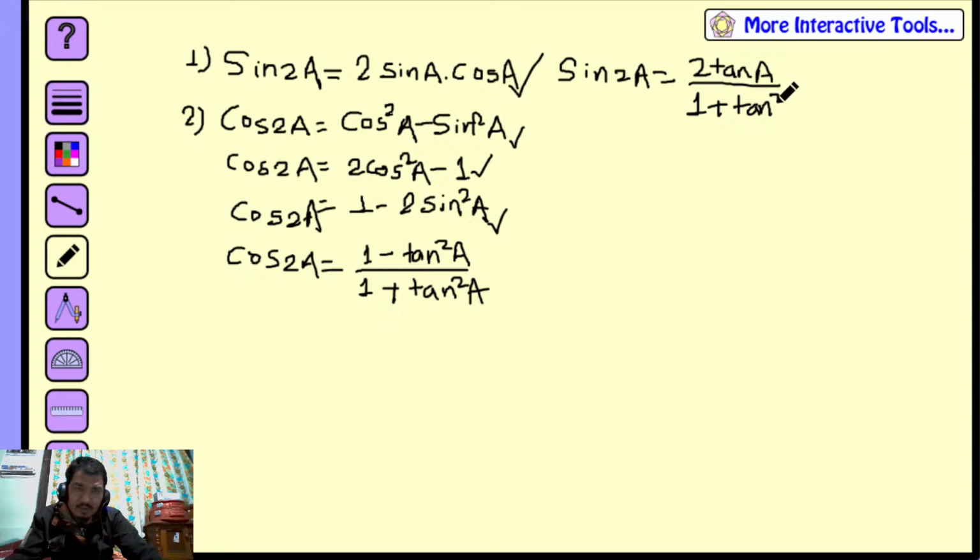Here, the cos 2A in terms of tan A, and this is sine 2A in terms of tan A.